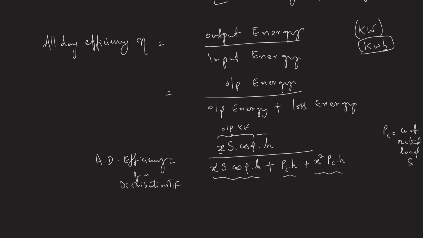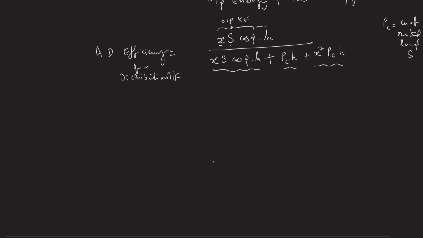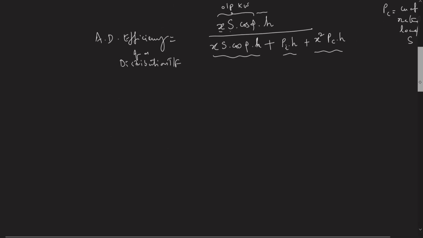Okay, so let us do a small example. Say this is a distribution transformer of 100 kilovolt ampere rating, with primary 11 kV and secondary 230 volts.